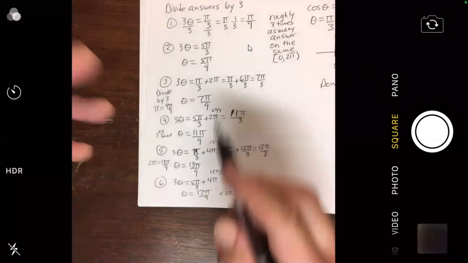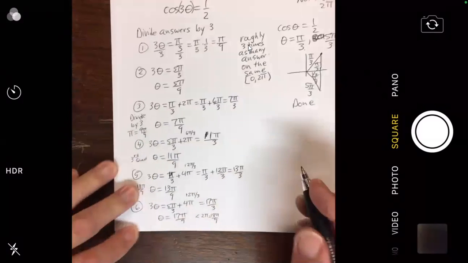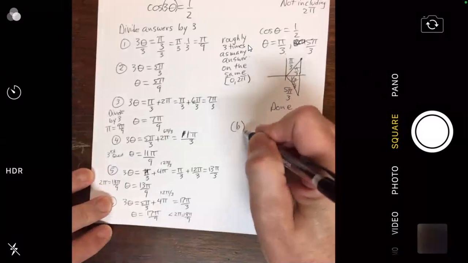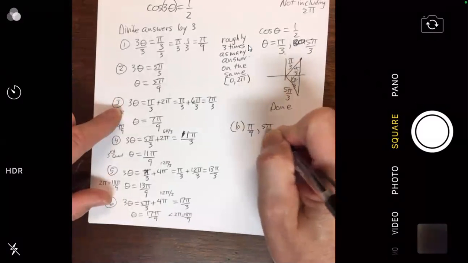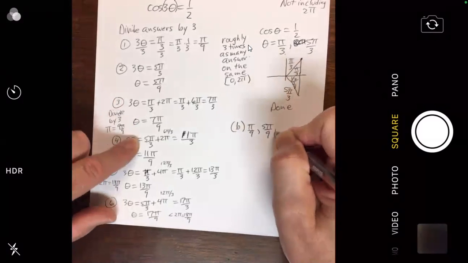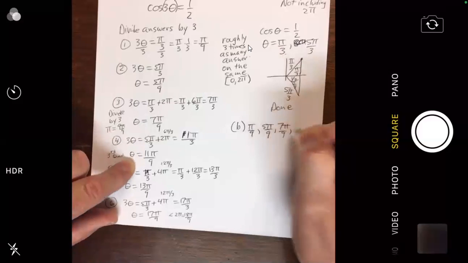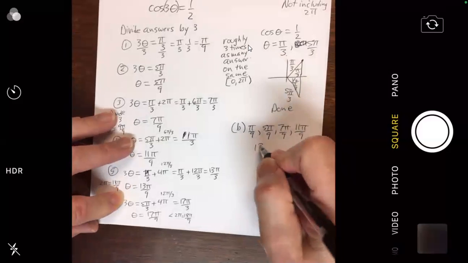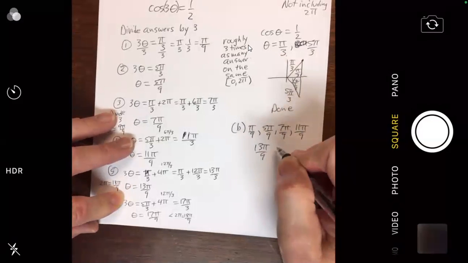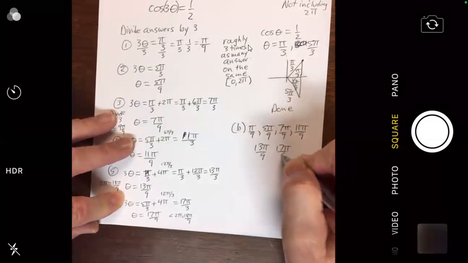But as you can tell, the next one's going to throw you over. So part B, I'm at pi over 9, 5 pi over 9, 7 pi over 9, 11 pi over 9, 13 pi over 9, 17 pi over 9.